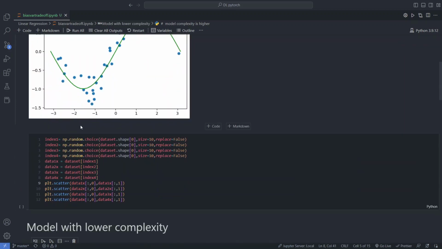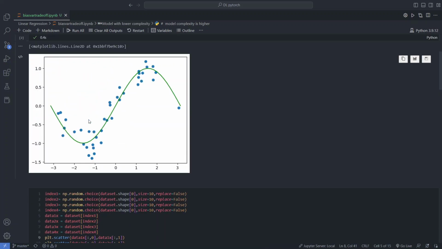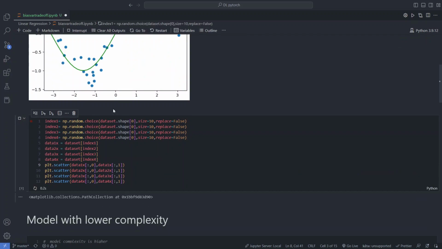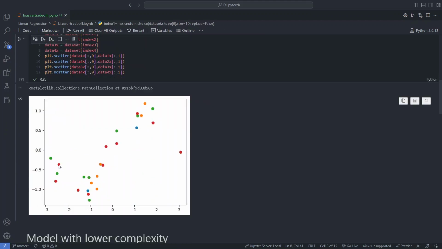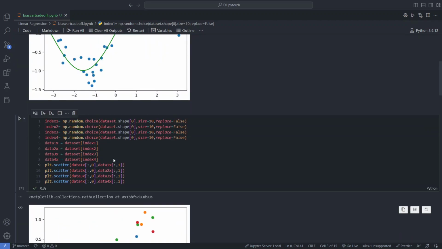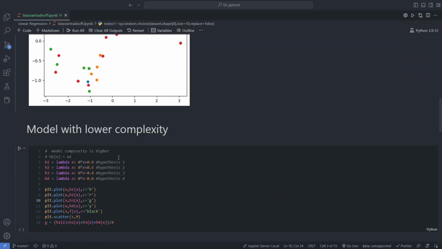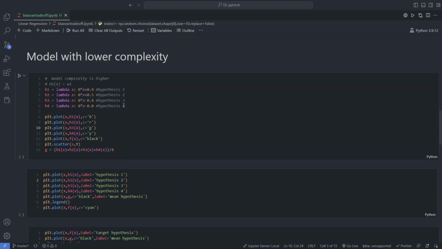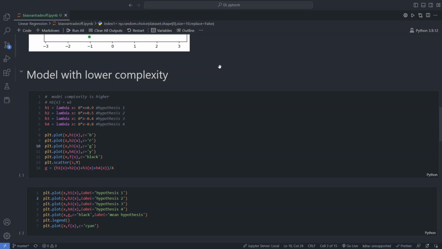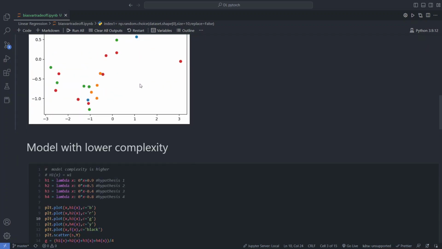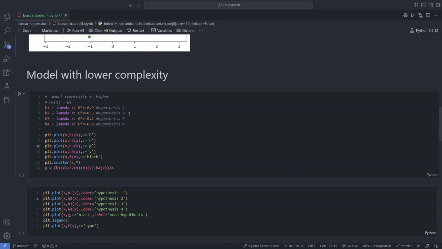So we'll split this into 4 parts, and that will look something like this. One part is all the red points, then the green points, and then the blue and the oranges. On each of these datasets we will apply a machine learning problem. We'll try to approximate the sine curve using these 4 specific hypotheses.